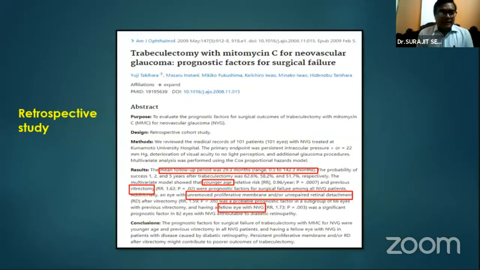Coming to the study by Takihara et al. In this retrospective study they looked into the prognostic factors for surgical failure in trabeculectomy with mitomycin C. They concluded that younger age, post-vitrectomized eye, fellow eye with NVG, and unremoved proliferative membrane and/or unrepaired retinal detachment are poor prognostic factors for surgical failure in these patients.